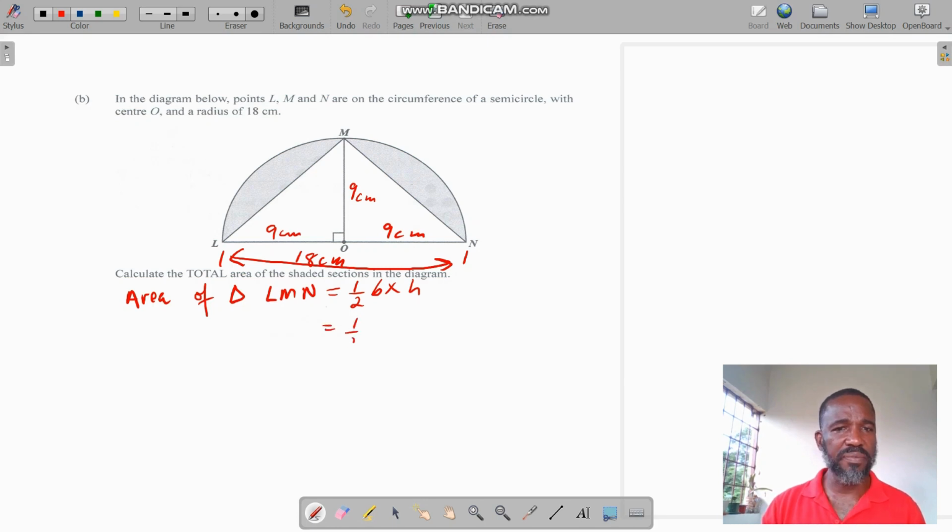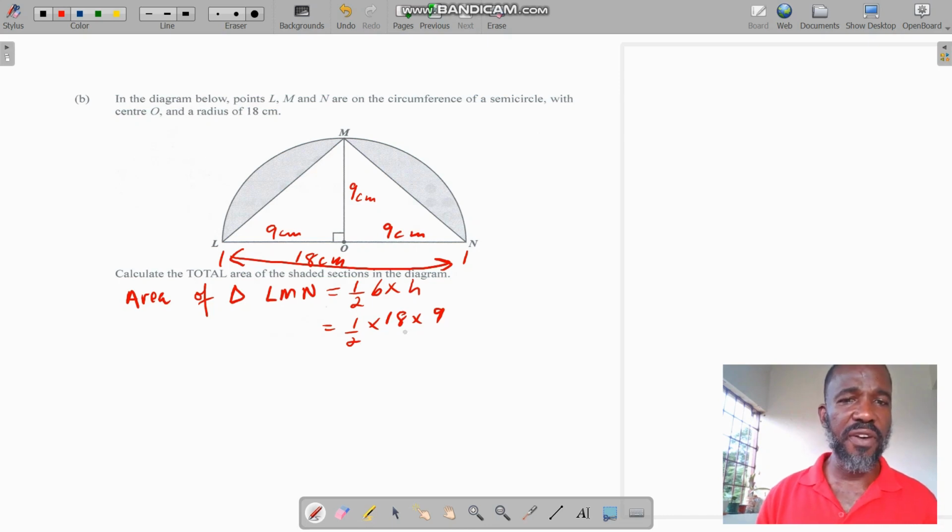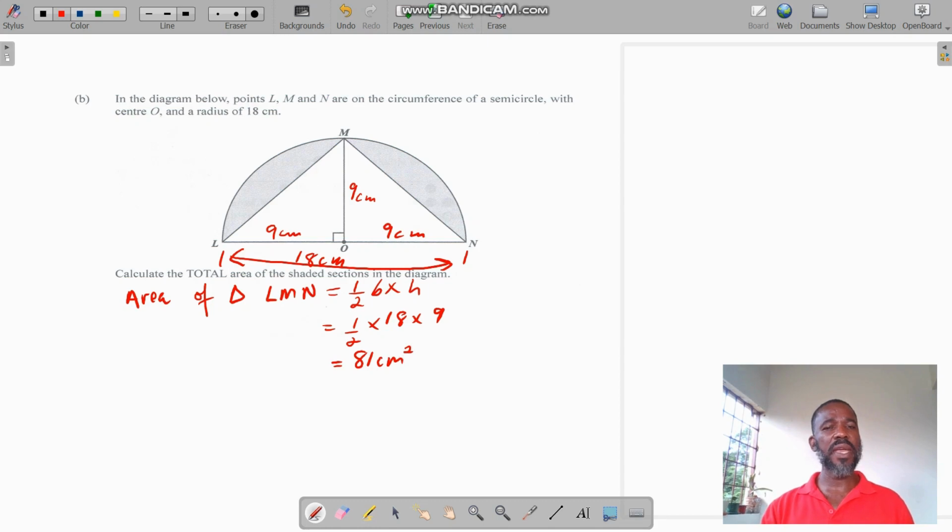So it's half of the base, 18, times 9. Half of 18 is 9, and 9 nines is equal to 81. So we have 81 square centimeters. That's the area of the triangle LMN.